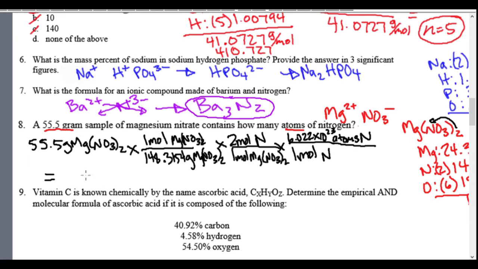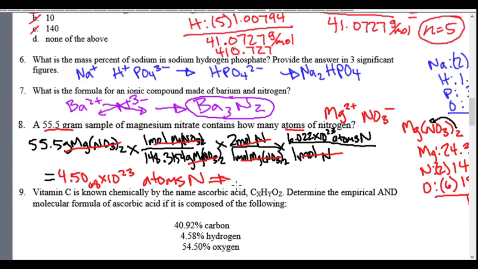Okay, so when you do this math, let's do a unit check real quick. Grams of magnesium nitrate, moles of nitrogen, and we're left with atoms of nitrogen. Perfect. And then when we do the math, we get 4.5068 times 10 to the 23 atoms.